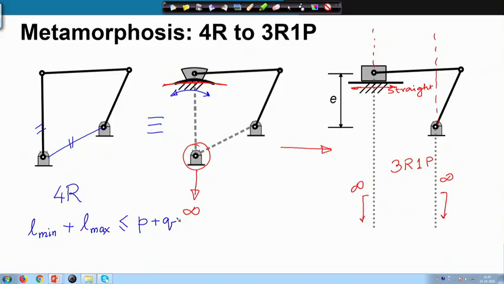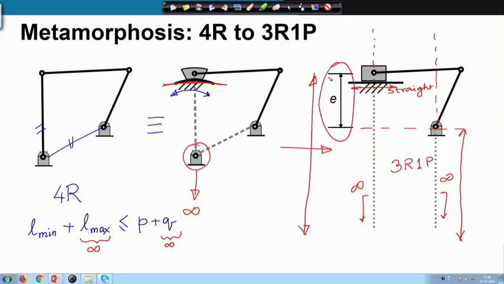Now, what has happened in this metamorphosis is that L max has become infinity. There is another link that also has become infinity. Let us say Q has become infinity, but then notice here that the difference of these two lengths, so this is one length and this is the other length, is a finite quantity which is known as the offset.